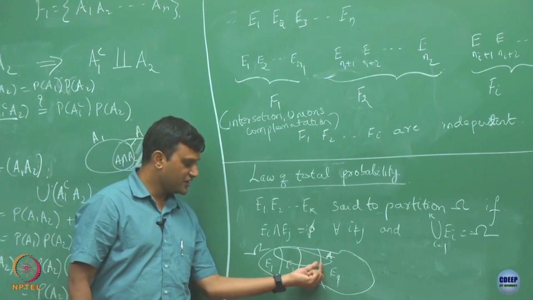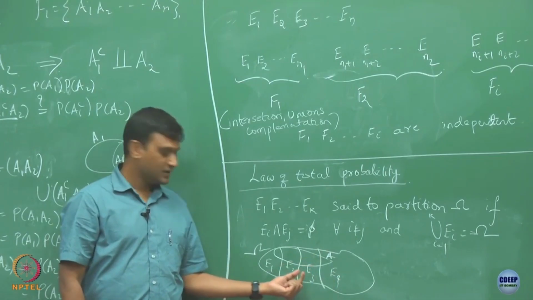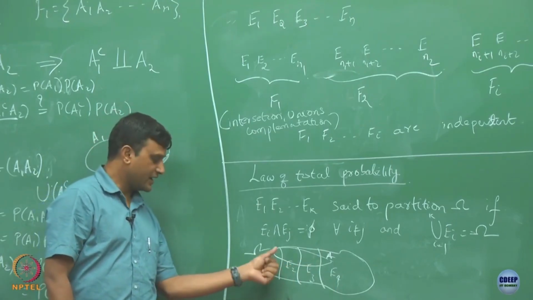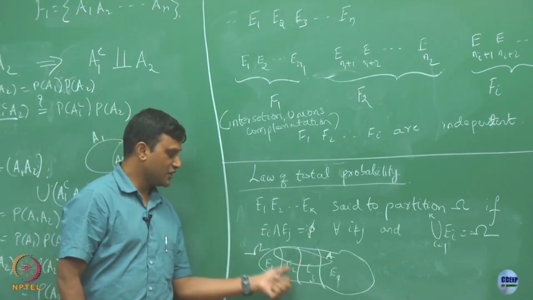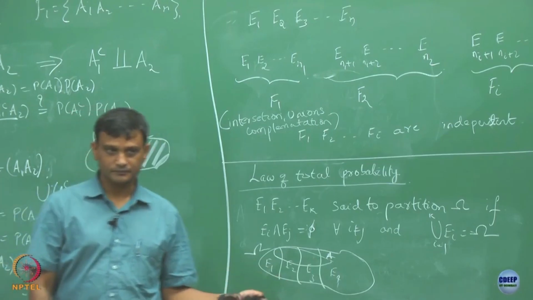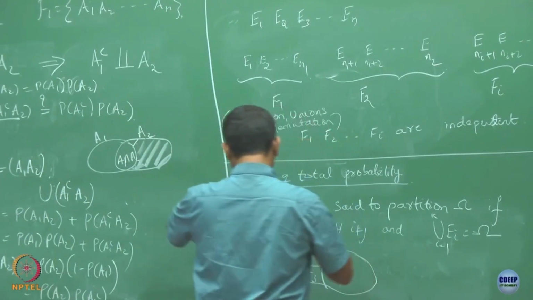Because some portion of this event A falls in E4, some portion in E3, some in E2 and some in E1. So if I can somehow calculate each of these portions, I should be able to compute the probability of the event A itself. That is exactly what the law of total probability says.